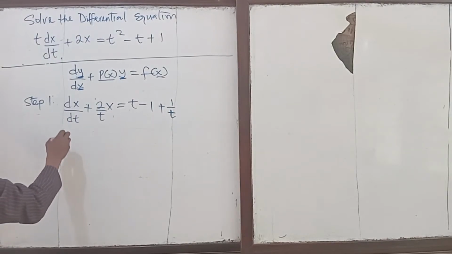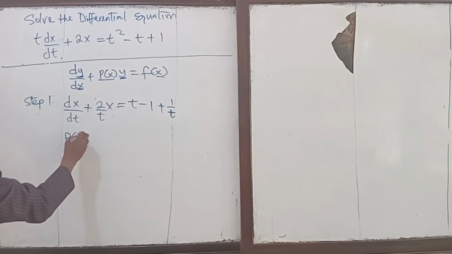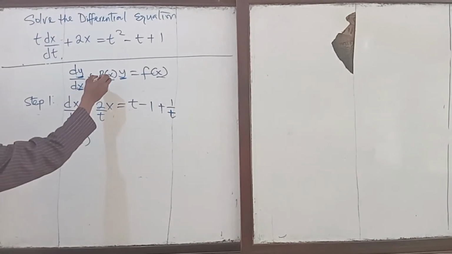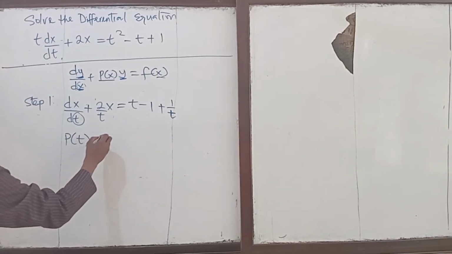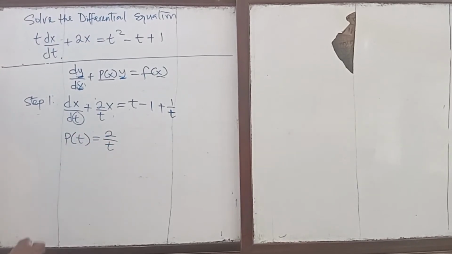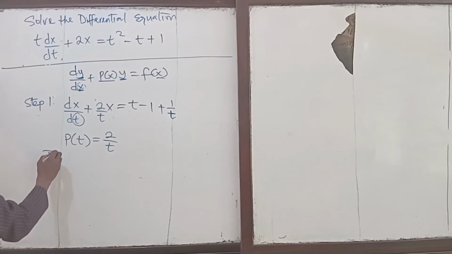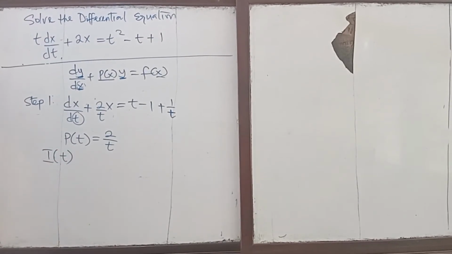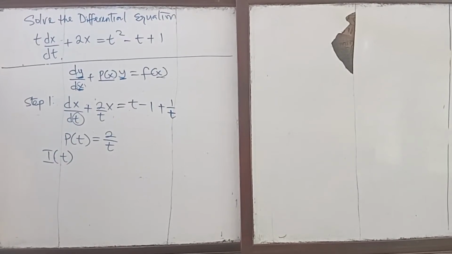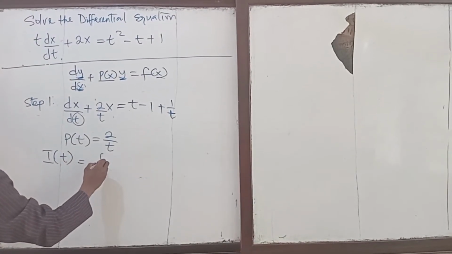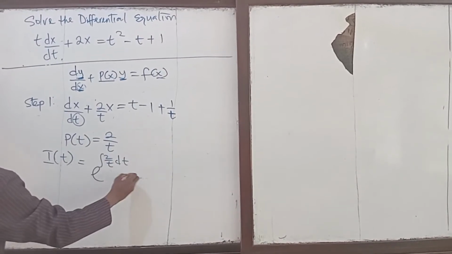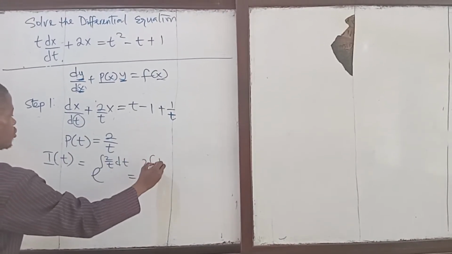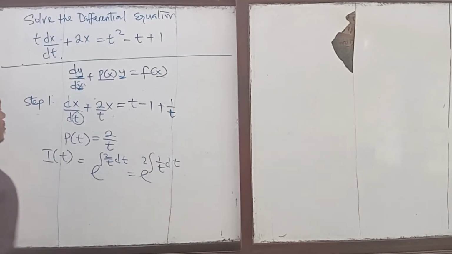Then we need to get your P of t. P of t here, like P of x, is 2 over t. Then you get the integrating factor, and that will be equal to e to the integral of 2 over t dt. Take the 2 outside. That will be 2 times the integral of 1 over t dt.